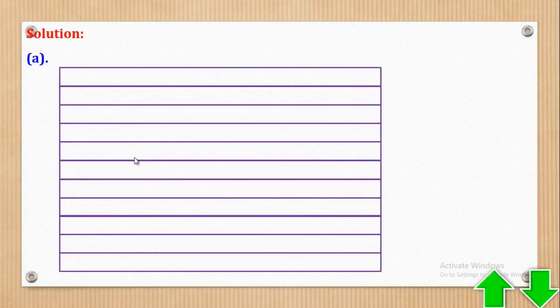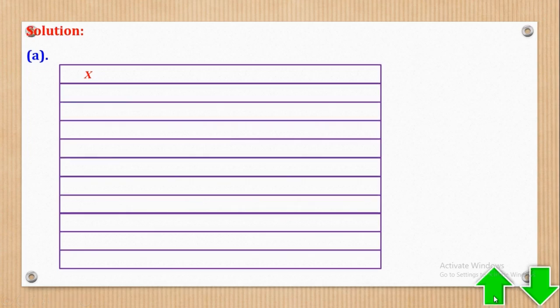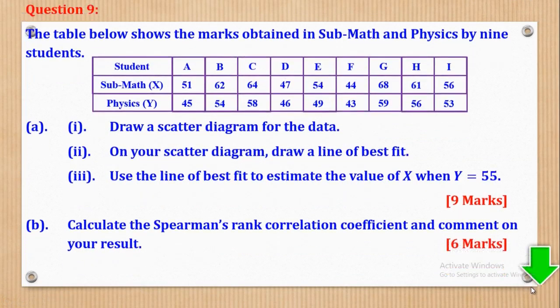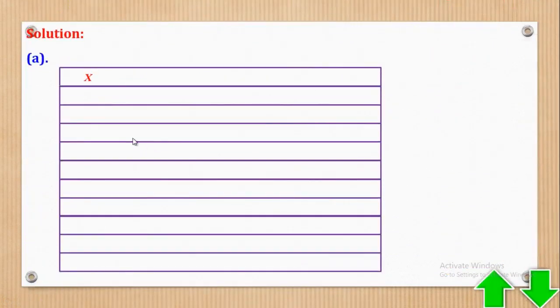So questions of correlation are easily done by first tabulating. So we are going to first tabulate our values. So values of x will be the first row. So these ones, like we see, Submath is x, so all these values are for x. Therefore I shall rewrite them.